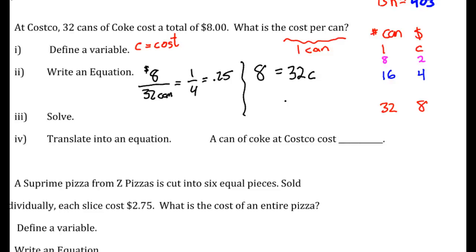That's what we're getting at. To solve this, you divide 32 on both sides, which is what we just did to get our answer. And we'll get 0.25 equals C. So a can of Coke at Costco costs 25 cents, a quarter.